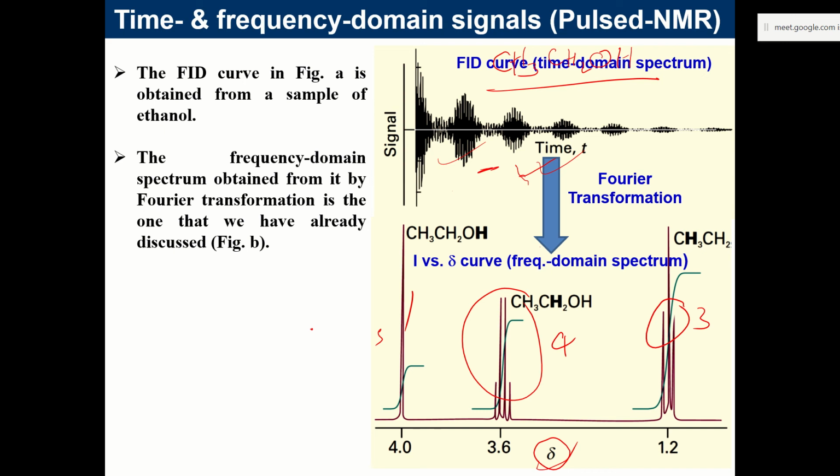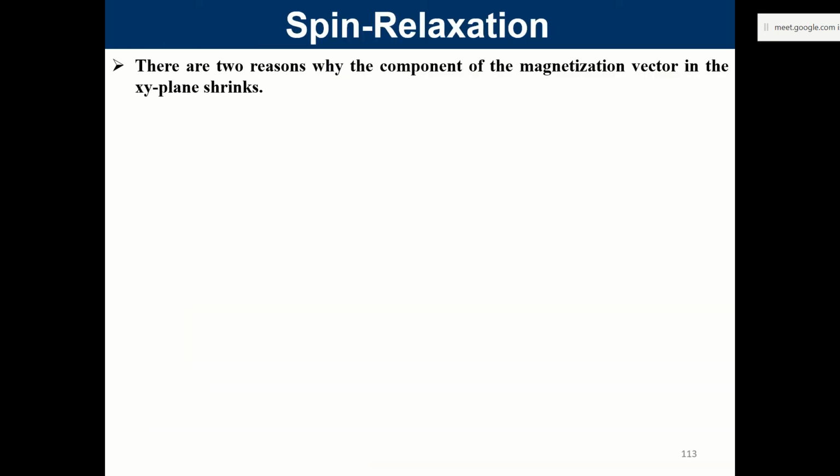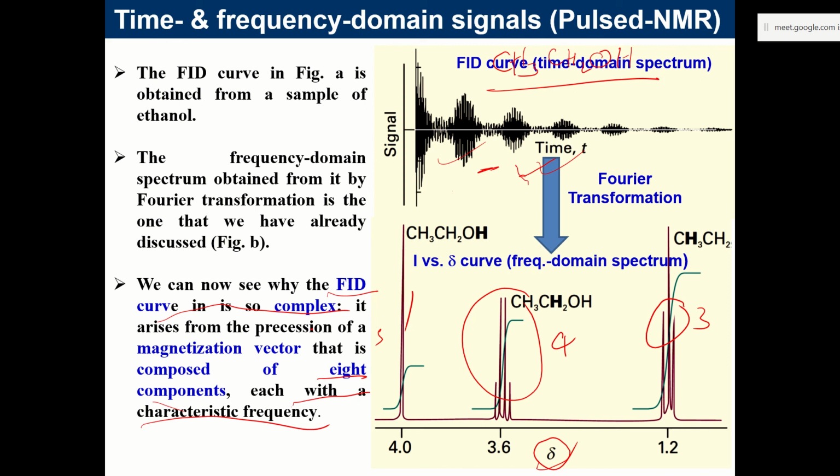If you literally do it on your own, you will have a tough time resolving them. There were 8 components, each having characteristic frequencies, and that's why this FID curve looks so complex. But this is the normal way nowadays that we perform spectroscopy for molecules.